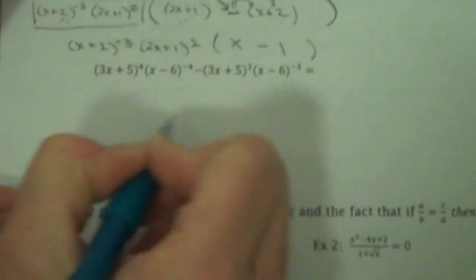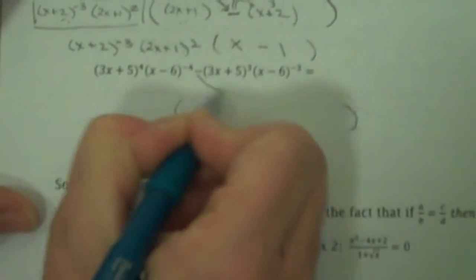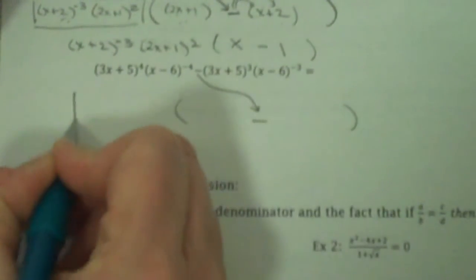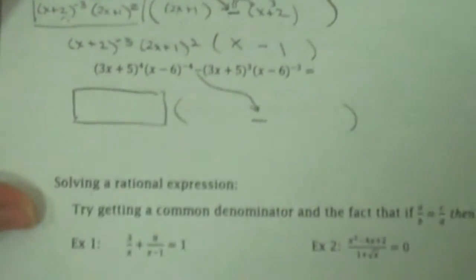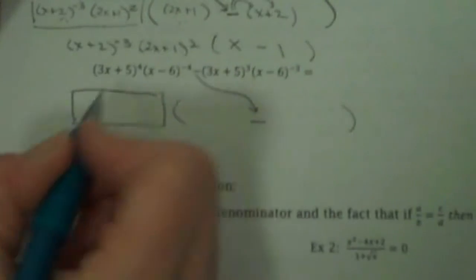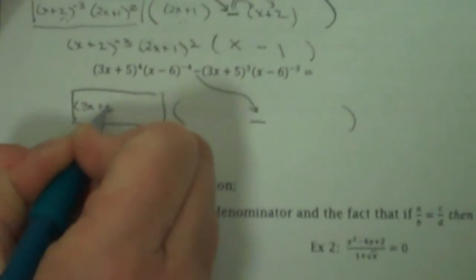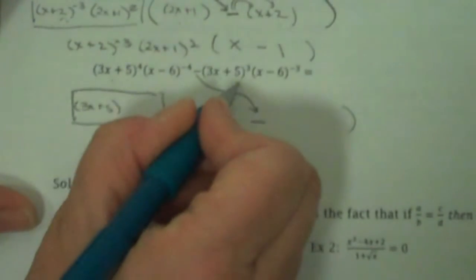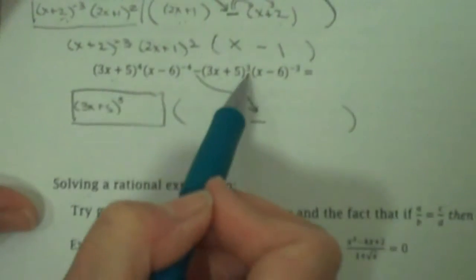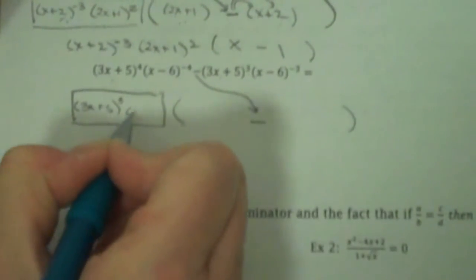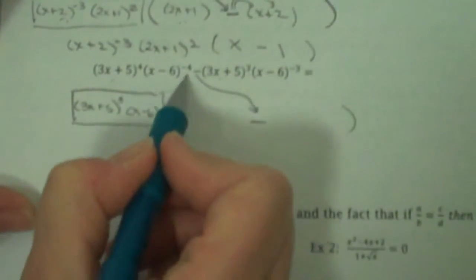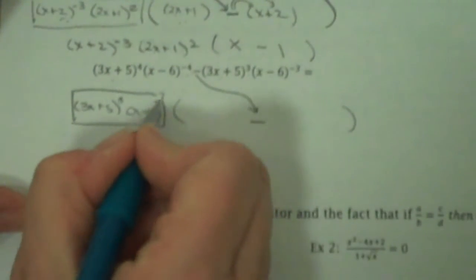So I'm looking again at my subtraction and what I'm going to factor out. And I know I have 3x plus 5 is one of the terms that I see. And I want to choose the lower degree, which is 3. And x minus 6, and I'm going to choose the lower degree, which is negative 4.